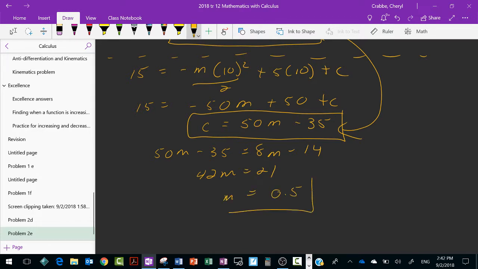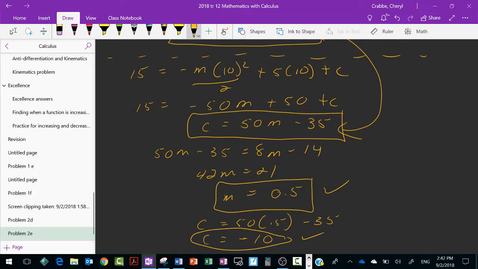I can stick that back into one of the equations to find c. It doesn't matter which one. c is equal to 50 times 0.5 minus 35, which is 25 minus 35, which is negative 10. You've got to find m and you've got to find c. There's no way you can do this problem without getting those two things first.